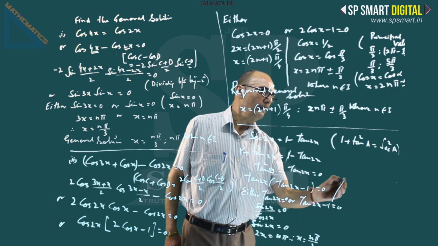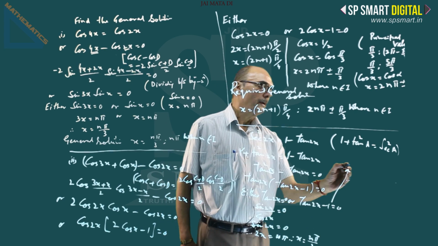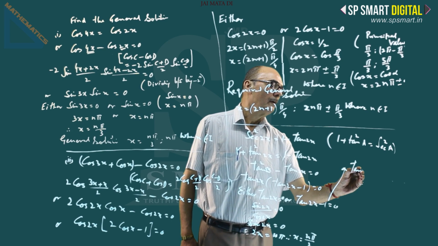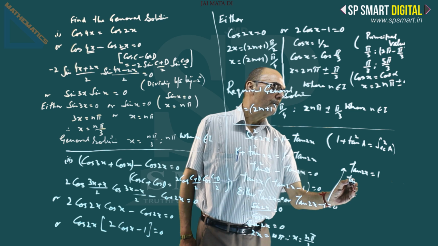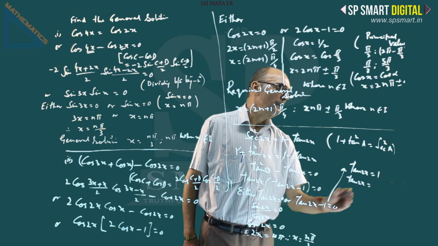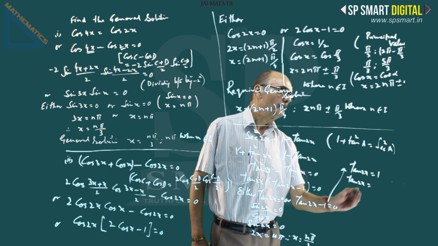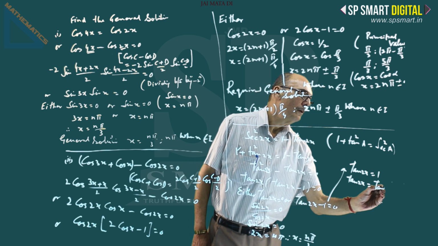From the other result, we have tan 2x equal to 1. After having found the principal value, this is tan of pi by 4.